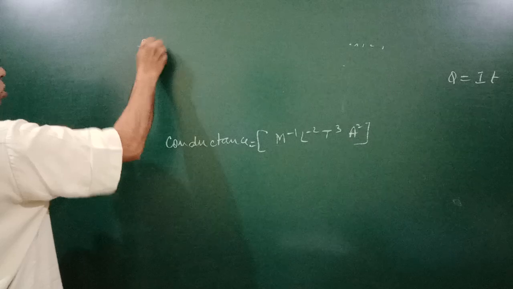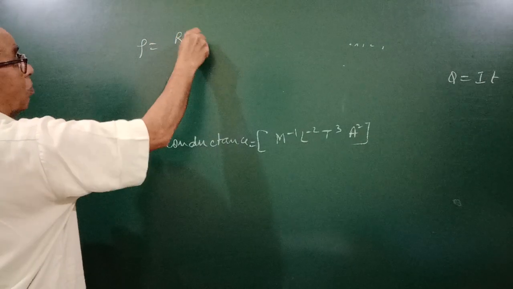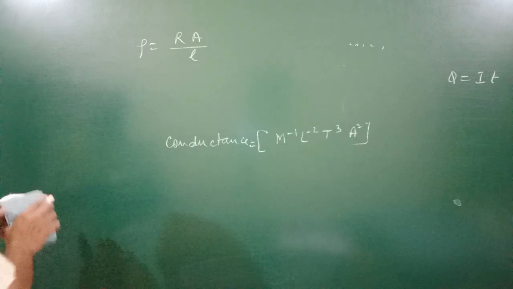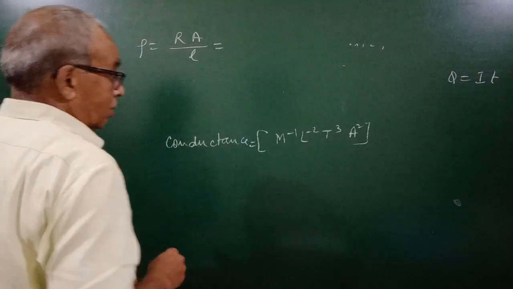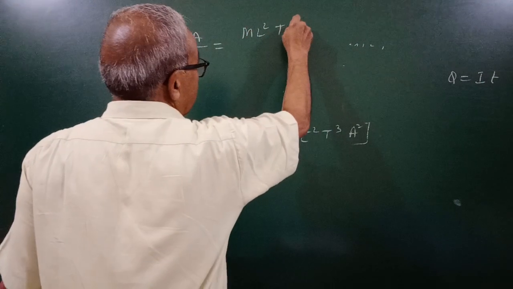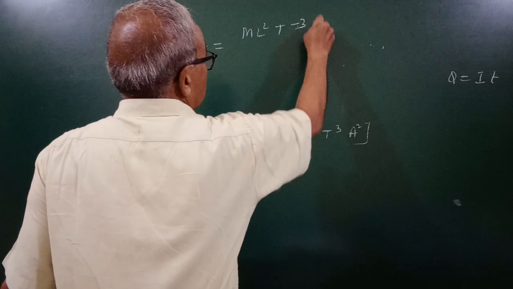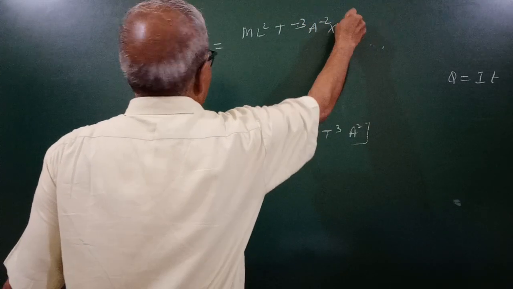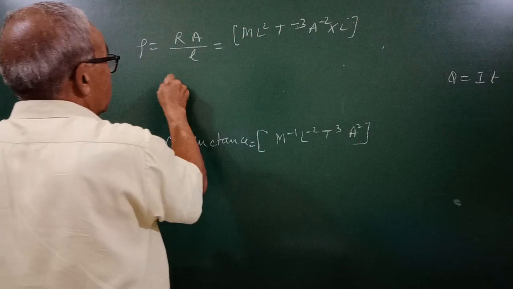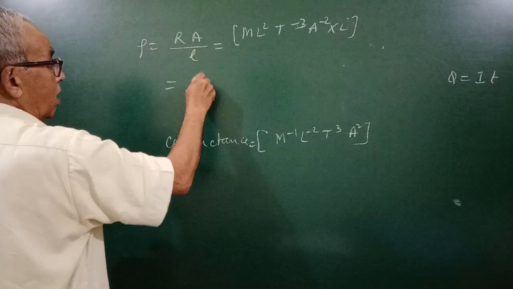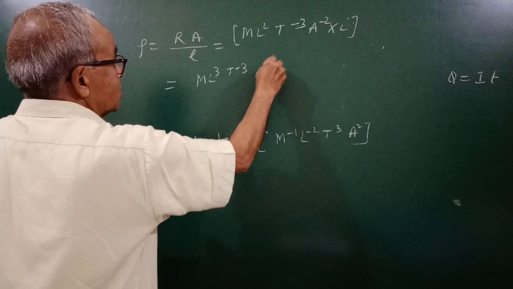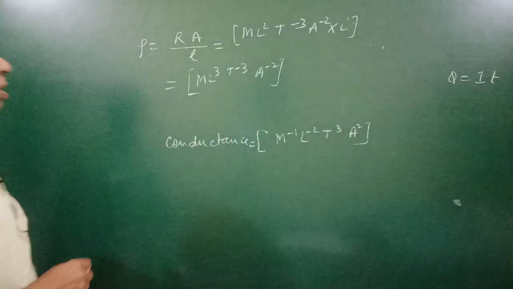So rho is equal to RA upon L. Just now you have written the dimension of R as ML^2T^-3A^-2, into area L^2 upon L, so one L is left. So it is equal to ML^3T^-3A^-2, the dimensional formula.